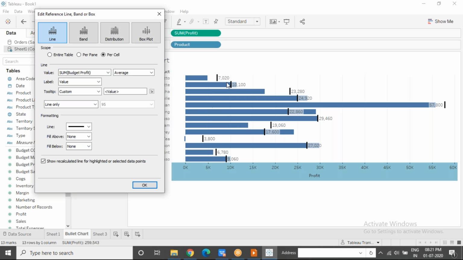I hope you all have the reference line indicating the budget profit. Make sure you have handled the label and the tooltip. It should be informative, okay, not confusing.